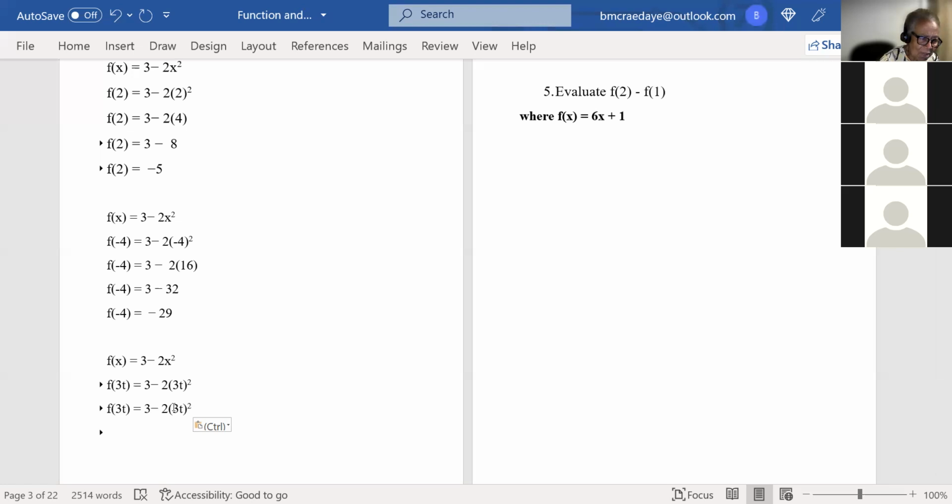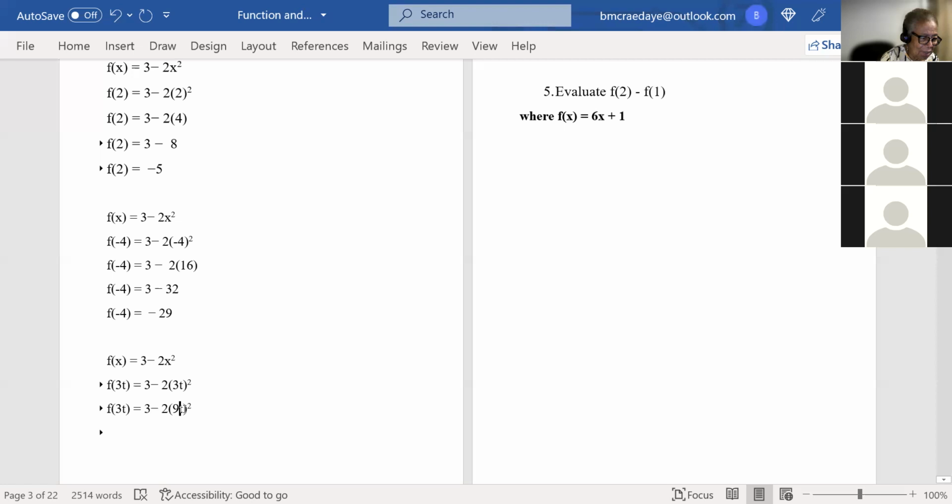What's T times T? T squared. So this is going to be 9T squared, right? Yeah, 9T squared. Be careful. 9T squared.